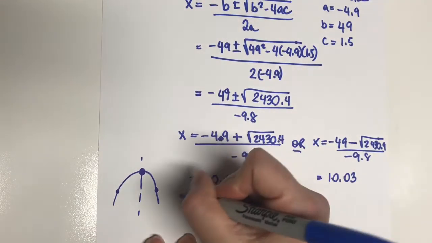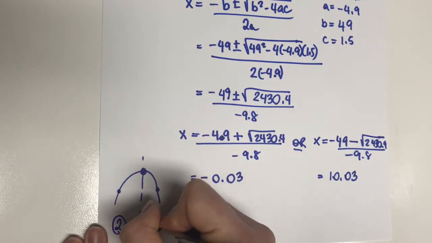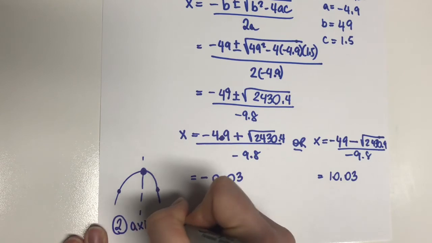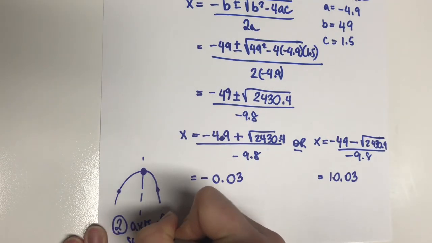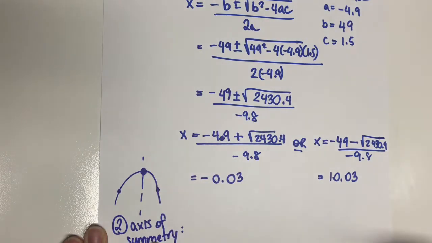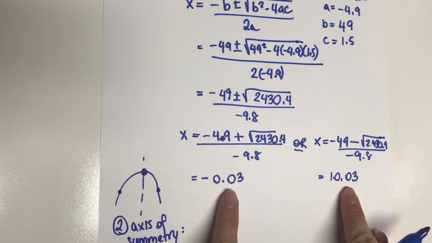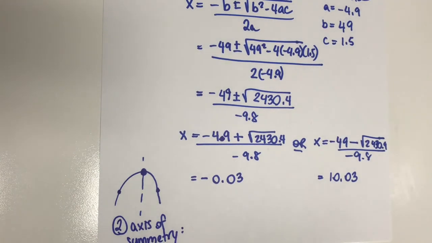So I'm going to find the axis of symmetry by adding the x-intercepts and dividing by 2.